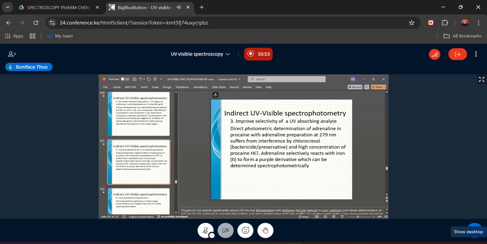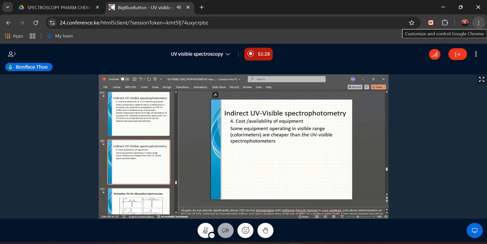Not procaine, but chlorocresol, which is a preservative normally added in the multi-dose preparations, interferes with the measurement. So adrenaline can be reacted with iron II, forming a purple derivative, and this then can be measured spectrophotometrically without the interference of chlorocresol.